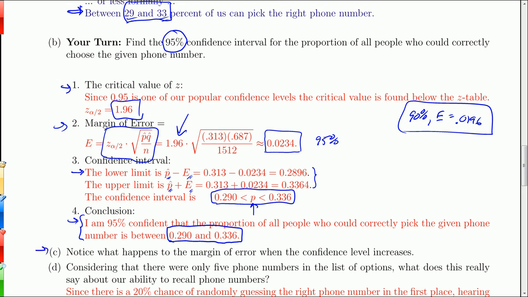And notice what happens to the margin of error when the confidence level increases. The margin of error gets bigger. If you want me to be more confident, my margin of error will get bigger. My confidence interval will get larger, right?